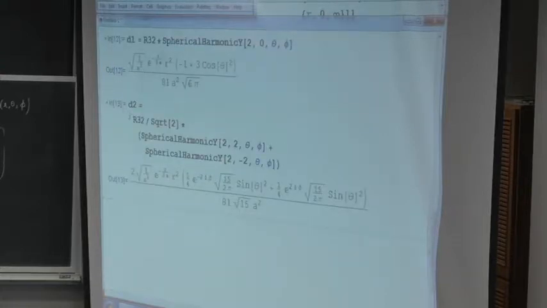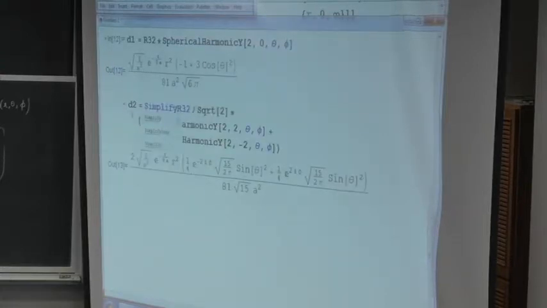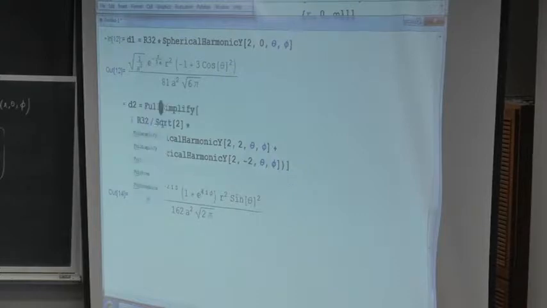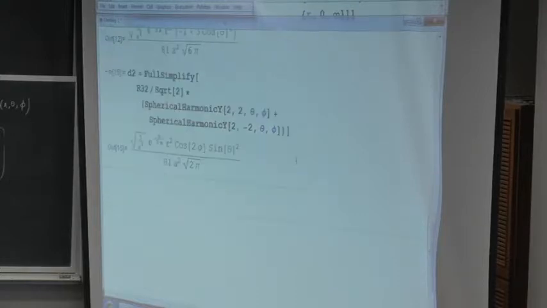I can simplify this a little bit for your convenient viewing, and simplify this further. Okay, this is a real function. It's going to be an eigenstate of the Hamiltonian. If you make the potential act on this function, you get the same function back again. Okay, so I've defined d2, the second orbital.